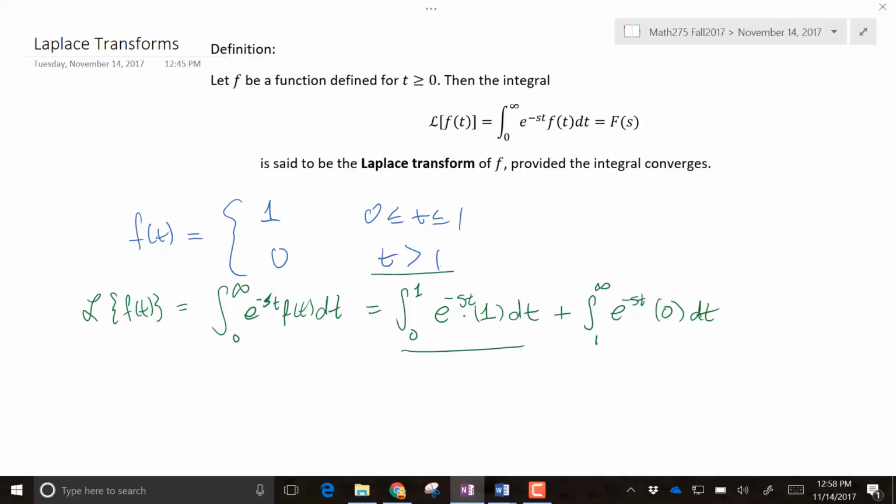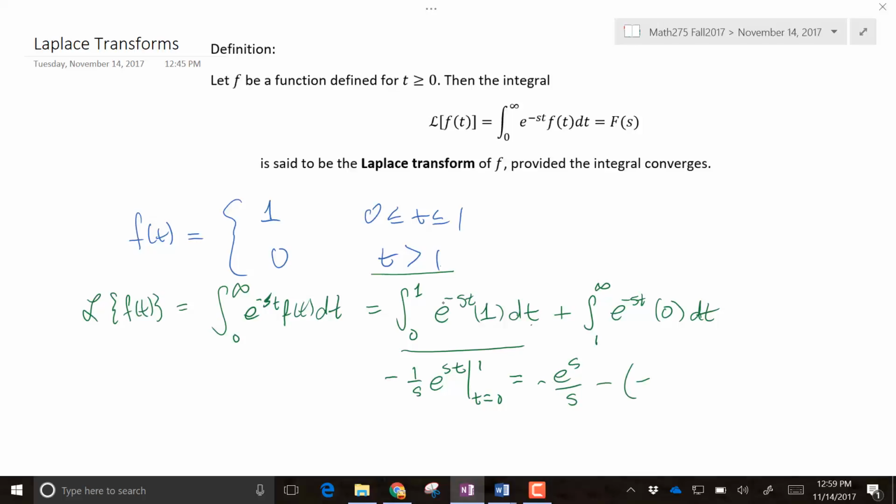So we really only have to worry about this. Let's get this set up. We're integrating with respect to t, so s is a constant: negative 1 over s e to the negative st, and here we're letting t go from 0 to 1. Let's see what happens when we put 1 in for t first. We're going to get e to the negative s divided by s, negative.